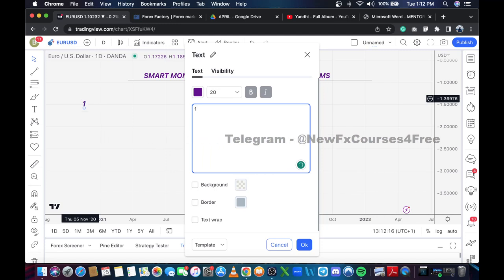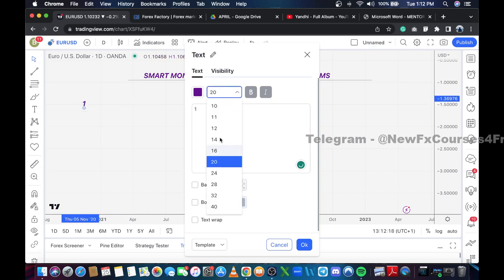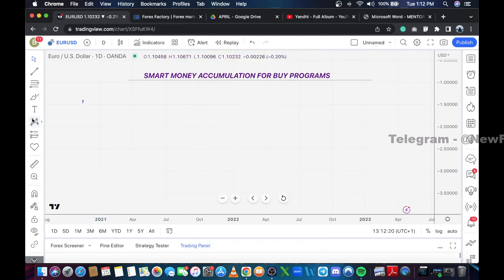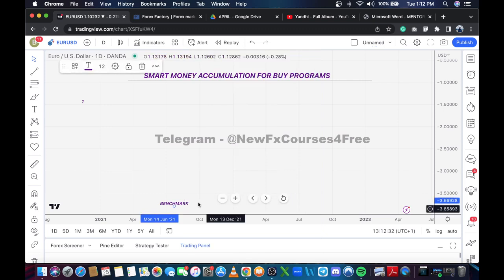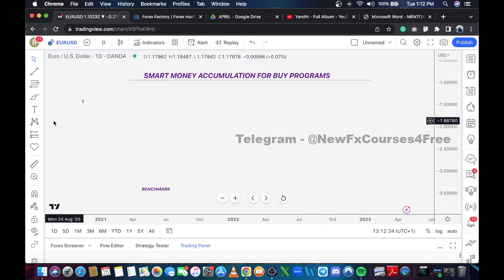So we have benchmark here on the left, underlying here on the right.